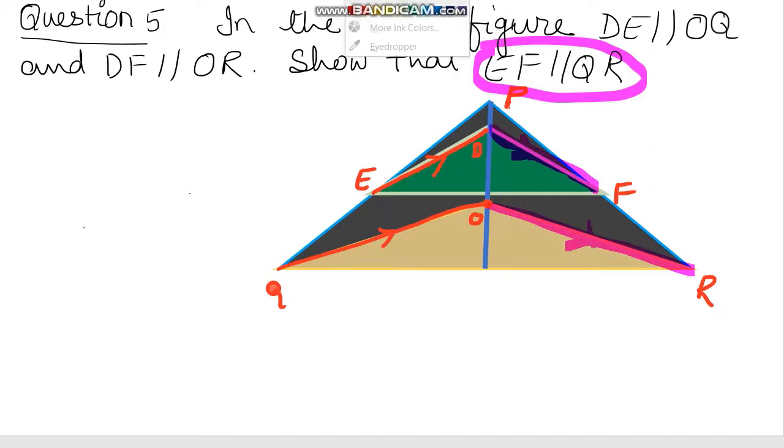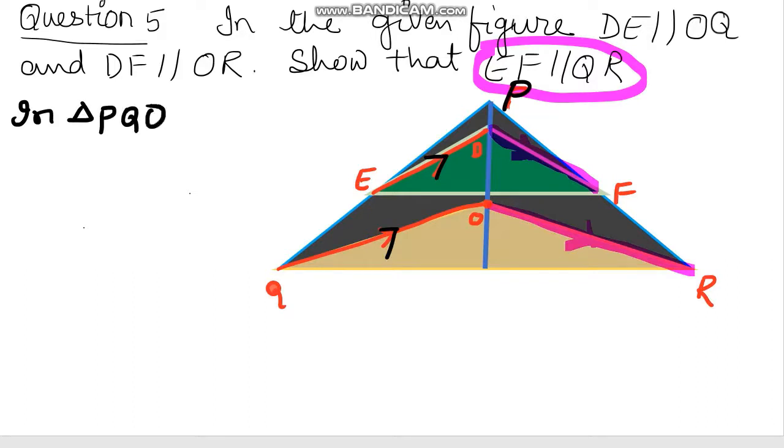Okay. Now children, see here. It is given that first let us consider DE parallel OQ. Means let us consider this one. DE parallel OQ. Let us take triangle PQO. So in triangle PQO, what is given?